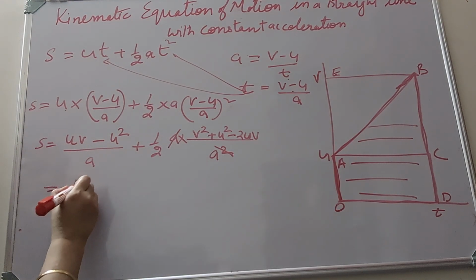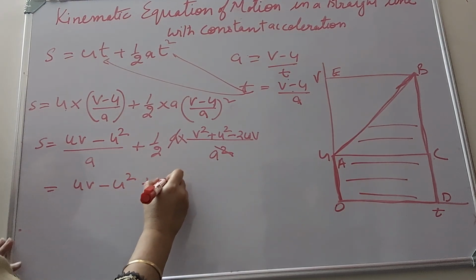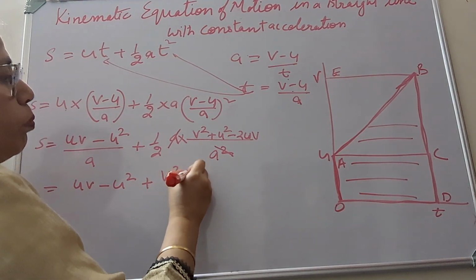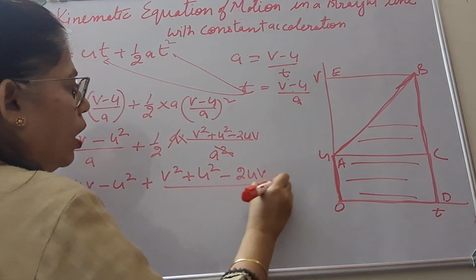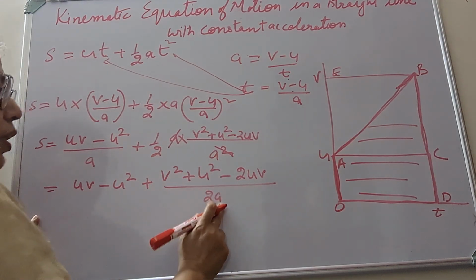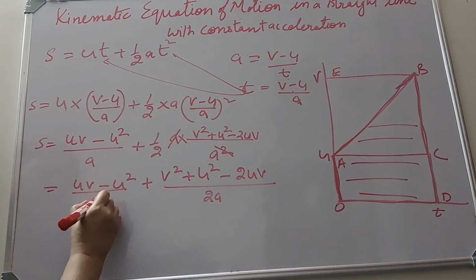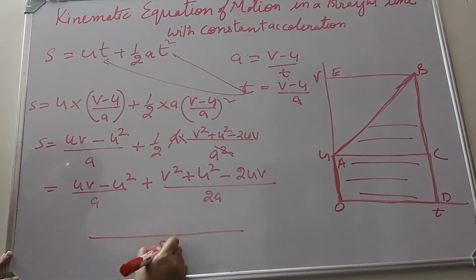Now we have uv minus u square plus v square plus u square minus 2uv upon 2a. Here we also have a. Now take the LCM, 2a.